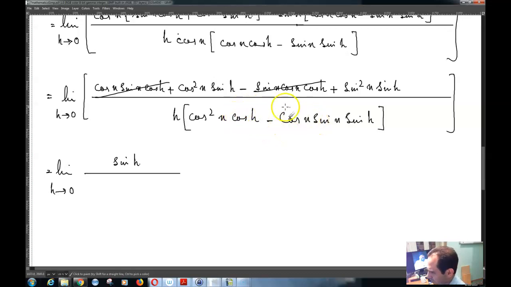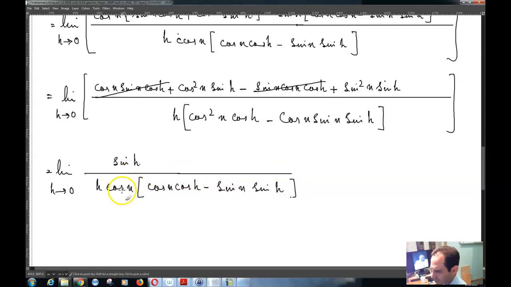So here I can take a cos x out, so h times cos x times cos x cos h minus sin x sin h, and so cos x cos h minus sin x sin h is equal to cos x plus h.